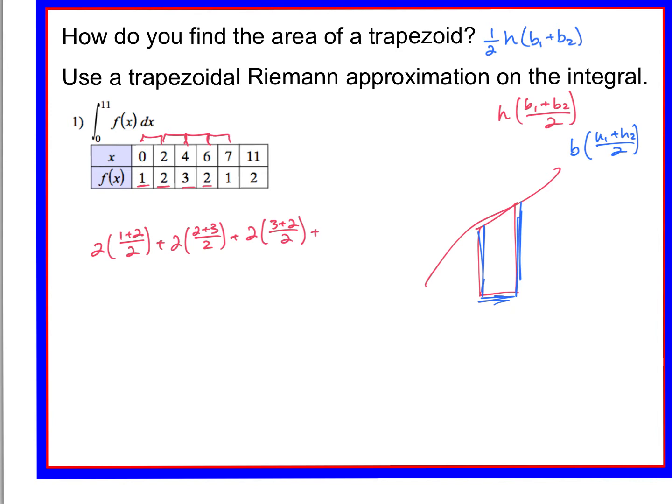And then what's this one now? 1. I don't really like working with ones, and you'll see why in a second. So now I have 1, and then I should have what? 2 plus 1 over 2. And then what's my last one? 4. And then times 1 plus 2 over 2.